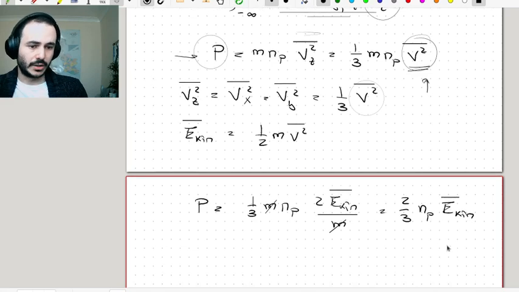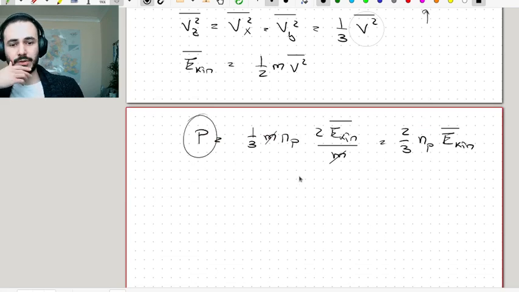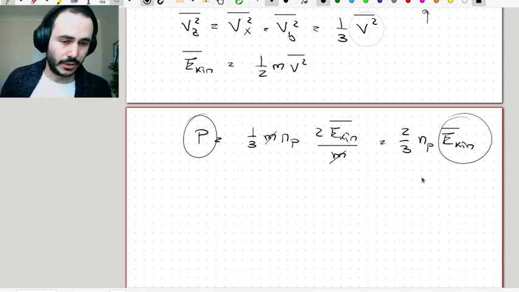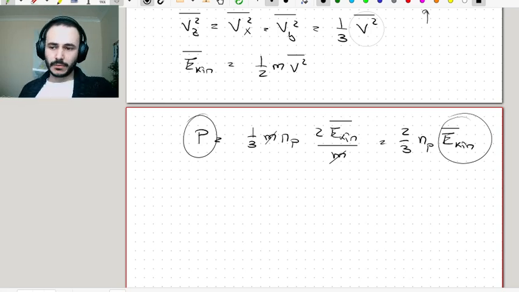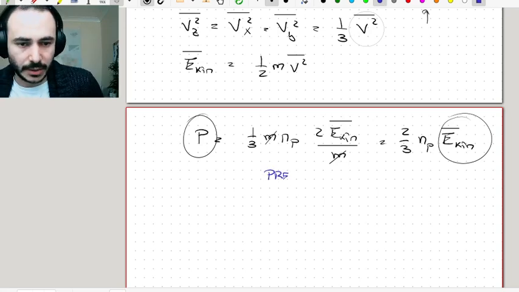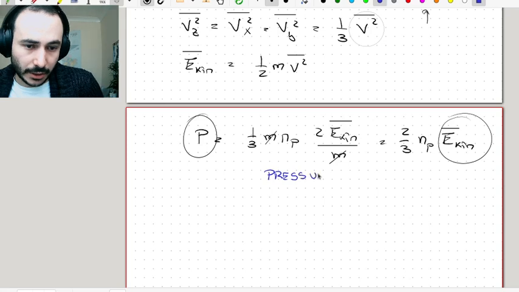That's the final expression. It's a direct link between the pressure, a variable of state in thermodynamics, and the average kinetic energy per molecule of the molecules that make up the gas of your system. So that's the first result: pressure. Now we know what, according to kinetic theory, pressure is.